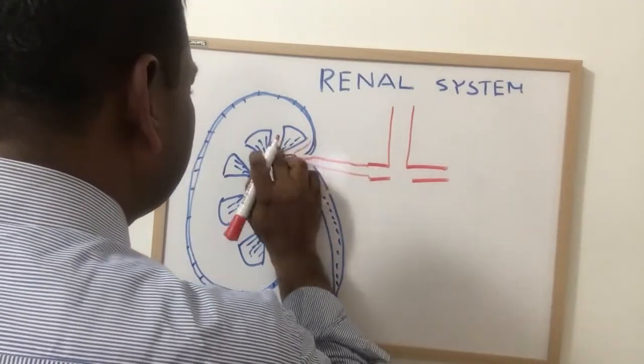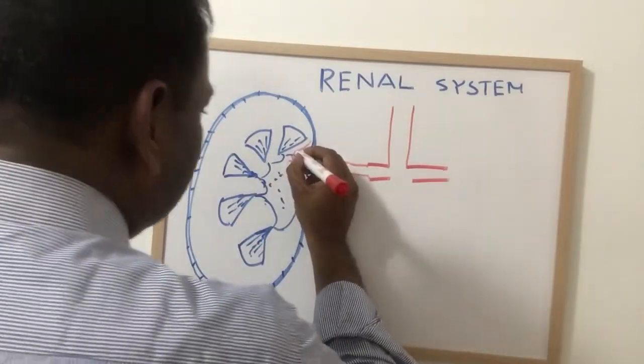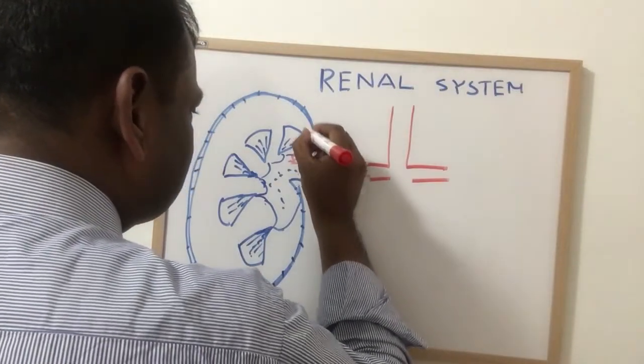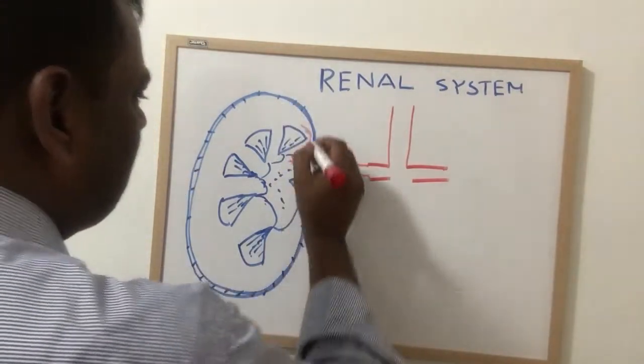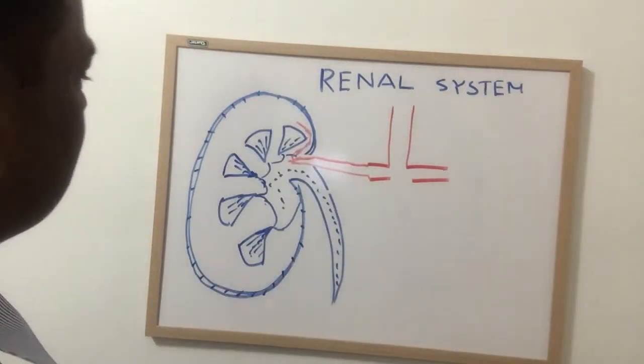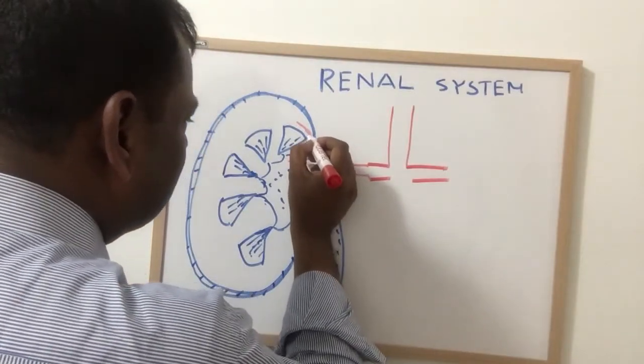There is a lobe here and here. This is the column, a lobe. Therefore it's called the lobar artery. The lobar artery goes on the top of the medulla. This is called the medullary artery, which breaks down into the arcuate artery.